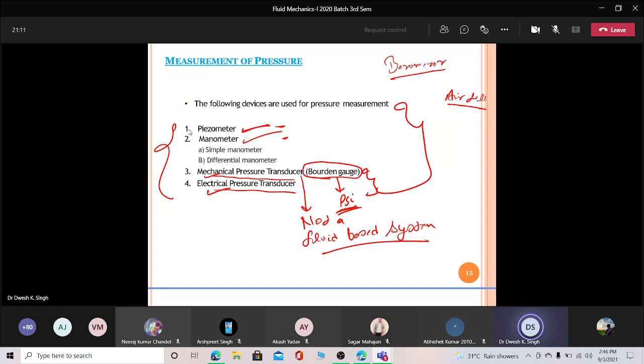There are some other means by which we can measure pressure, but these two, which are based on fluid concepts, are our concern. You can write: based on fluid concepts. So this is our concern in fluid mechanics.